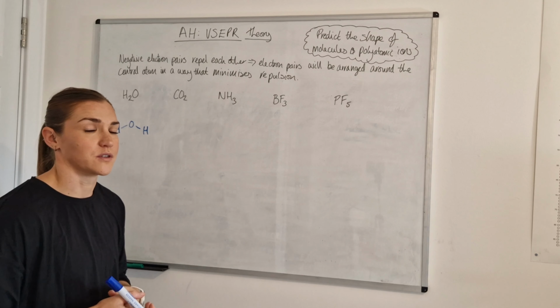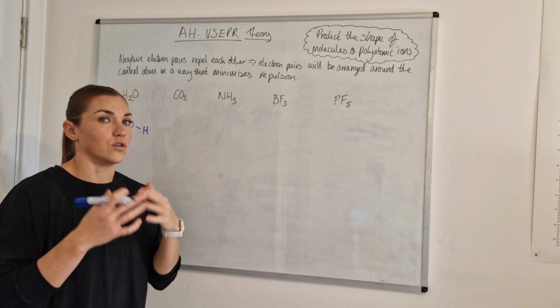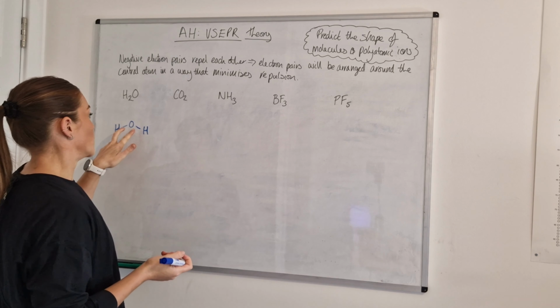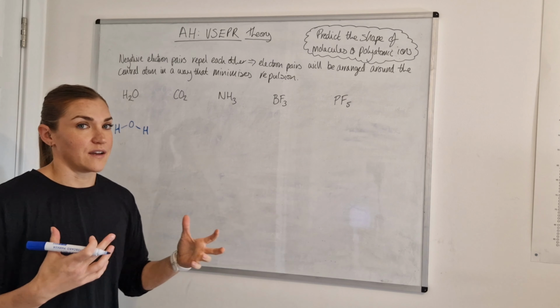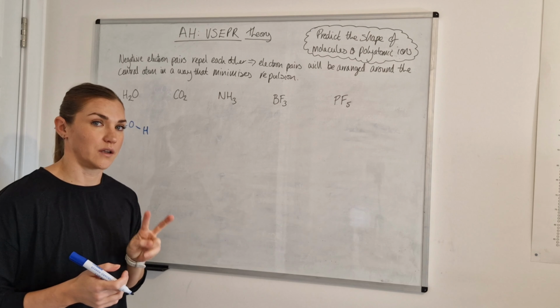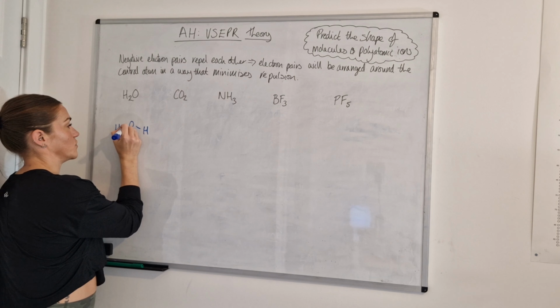When it comes to VSEPR theory though, we don't just look at the bonds, we need to look at all of the valence electrons around the central atom. We know from National 5 again that one covalent bond contains 2 electrons, one shared pair of electrons, so we can draw those in there.